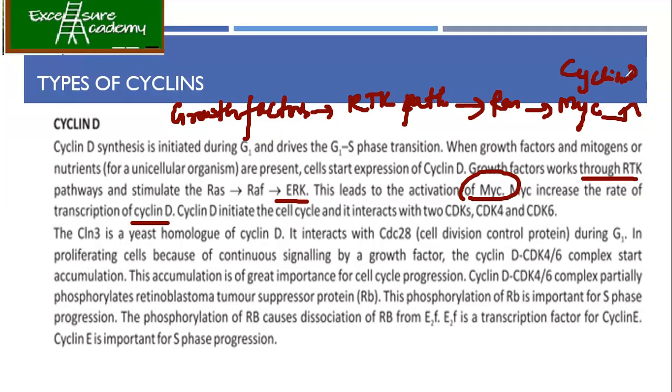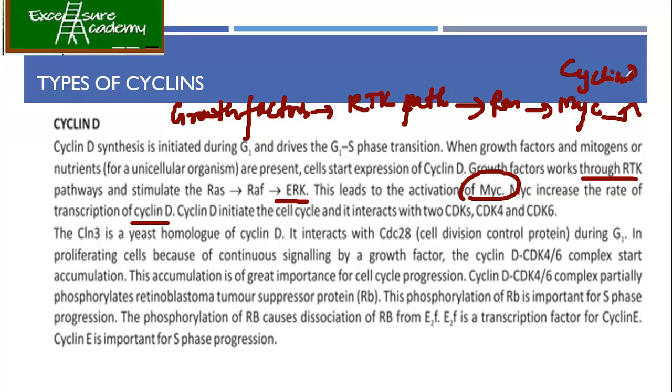So till now we were talking about cyclin D interacting with CDK4 and 6 and how it helps in the G1 to S phase transition. Now, who and what initiates the synthesis of cyclin D? It's a protein, so it needs gene expression. Now how is it regulated? This is the way it is regulated. You have a growth factor which works through the RTK pathways and stimulates the RAS pathway, and it will lead to the activation of MYC, which will increase the rate of cyclin D transcription.